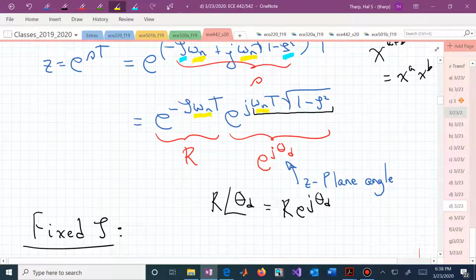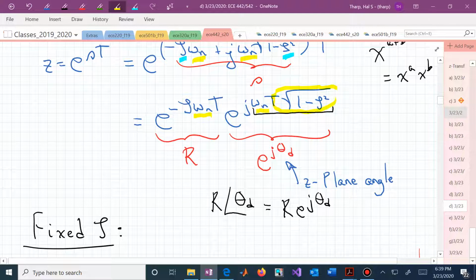If we look at R, and if we increase omega sub n, omega sub n enters into R through this negative exponent, which means if we make omega sub n bigger, R is going to shrink. Conversely, if we look at the second factor of this factored form of z, e to the j theta sub d, as omega sub n is increased, again, t is fixed and zeta is fixed, so zeta squared is fixed.